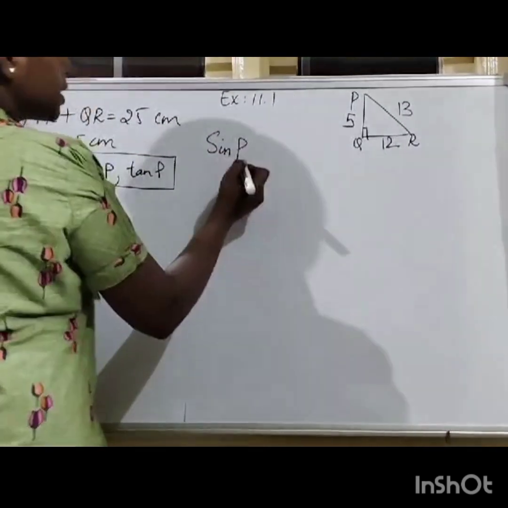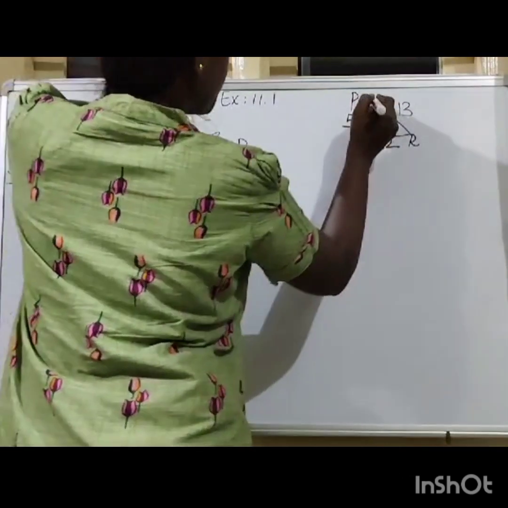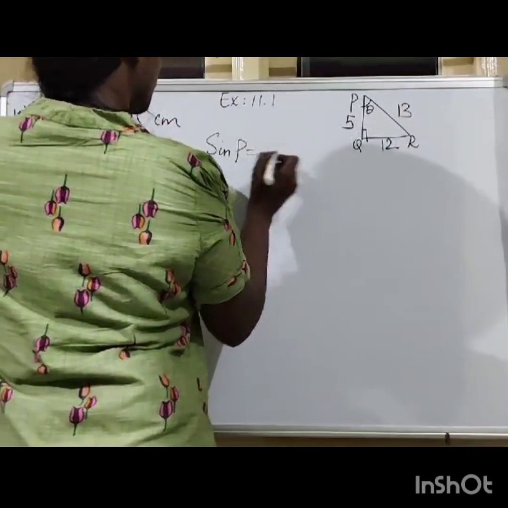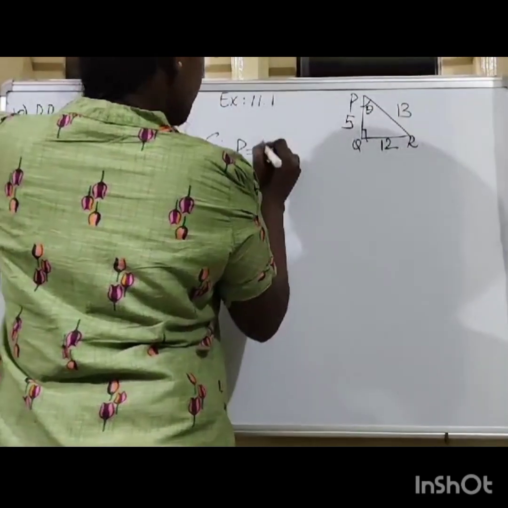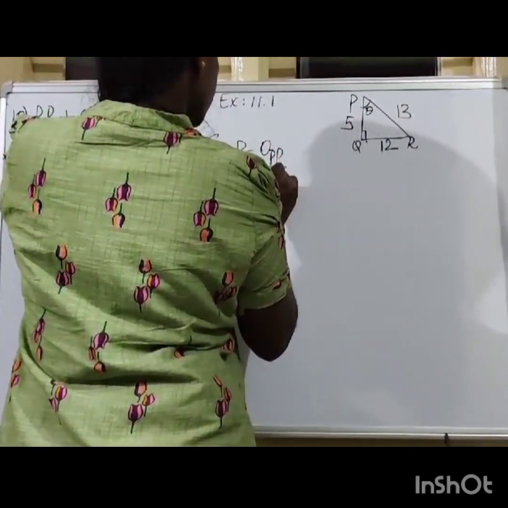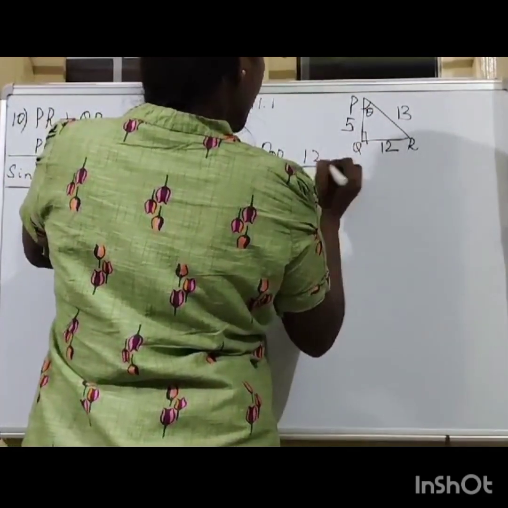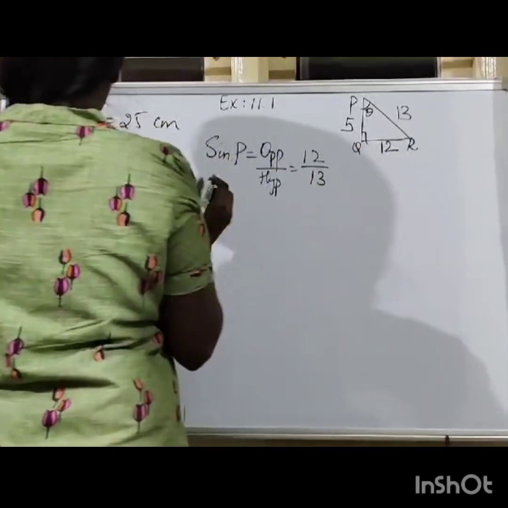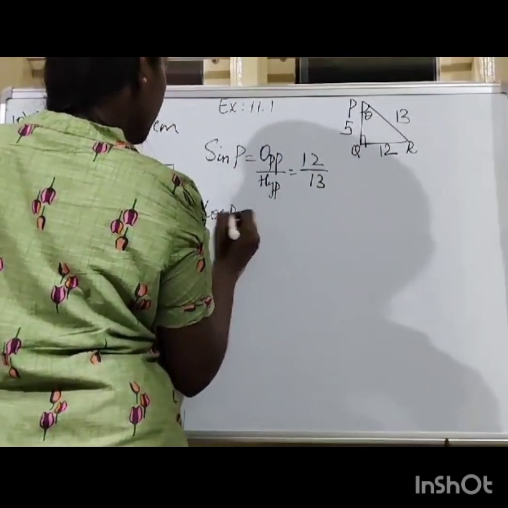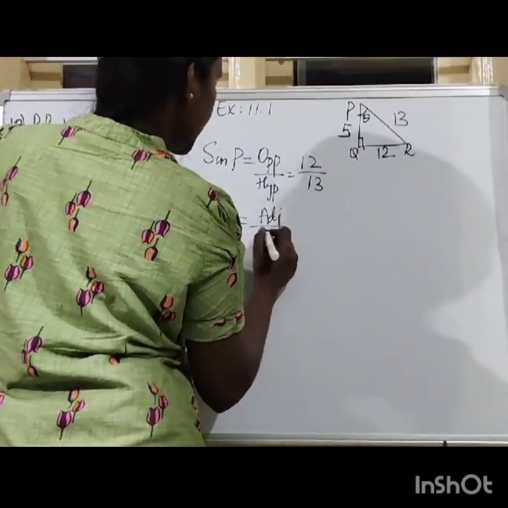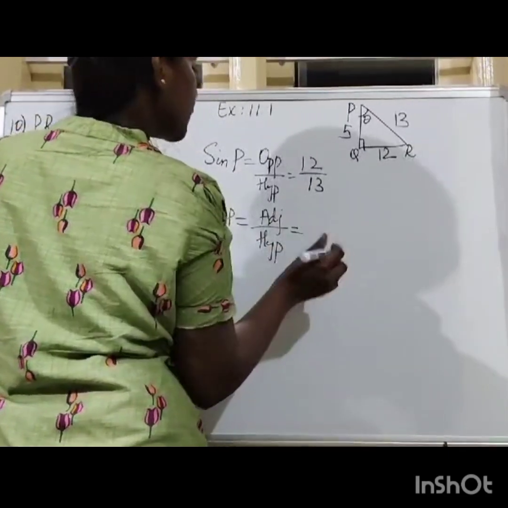Now sin P. Since P is in the theta place, theta will become angle P. Sin P is opposite by hypotenuse. Opposite is 12, hypotenuse is 13. Next, cos P. The ratio is adjacent by hypotenuse.